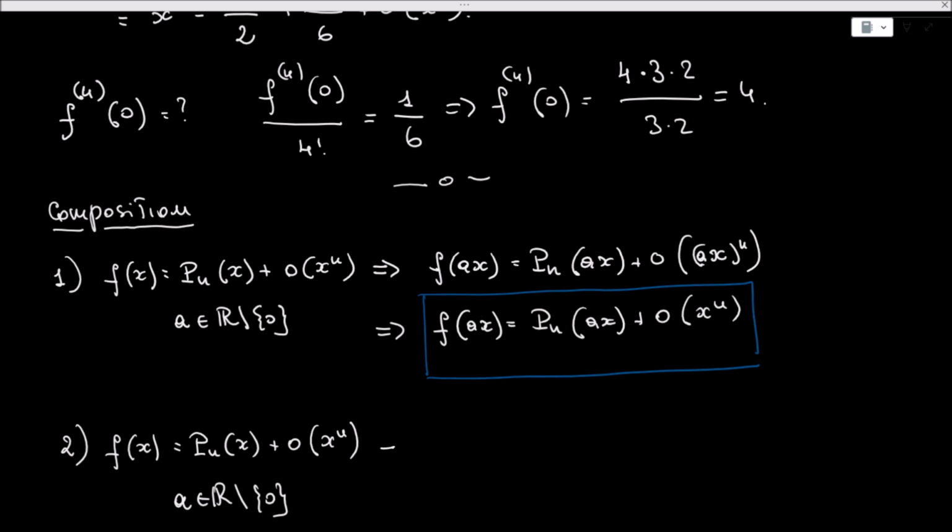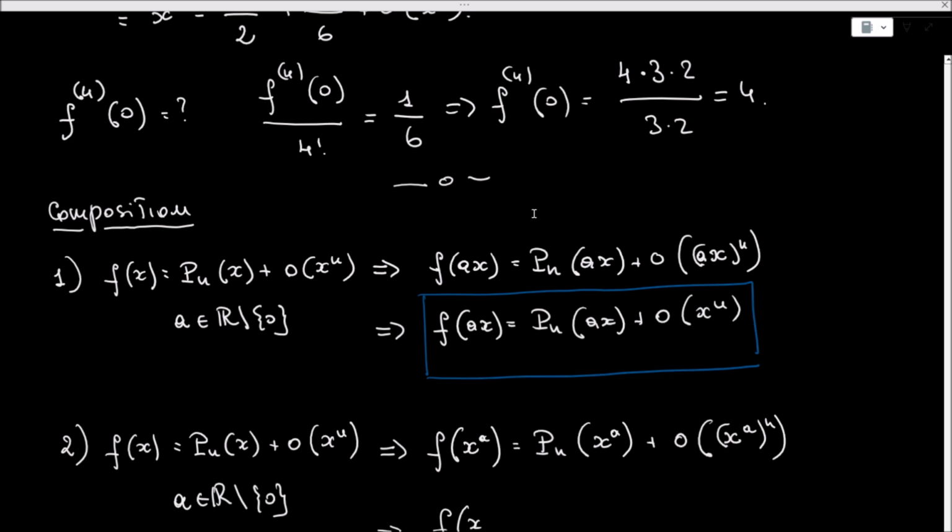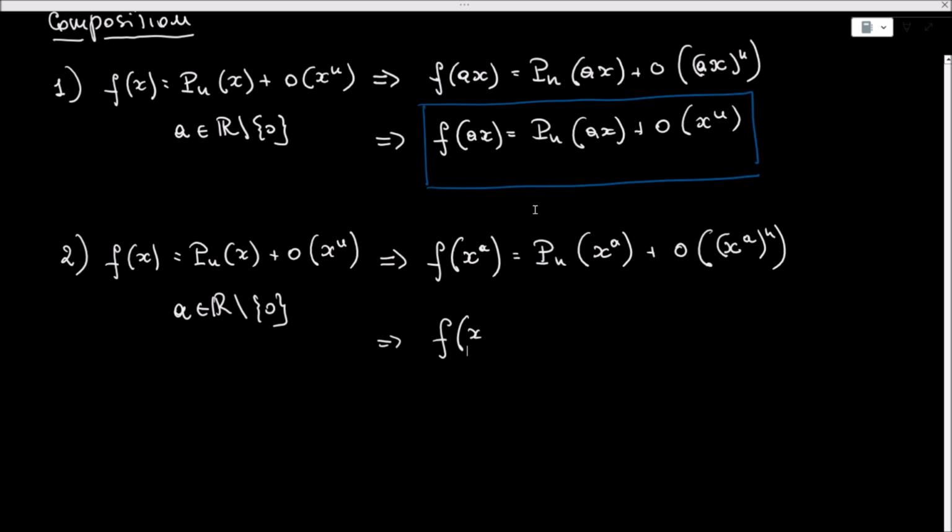Then if we replace x with x to the a, so f of x to the a, well, this is Pn of x to the a, right, plus little o of what? Of x to the a all raised to the n.